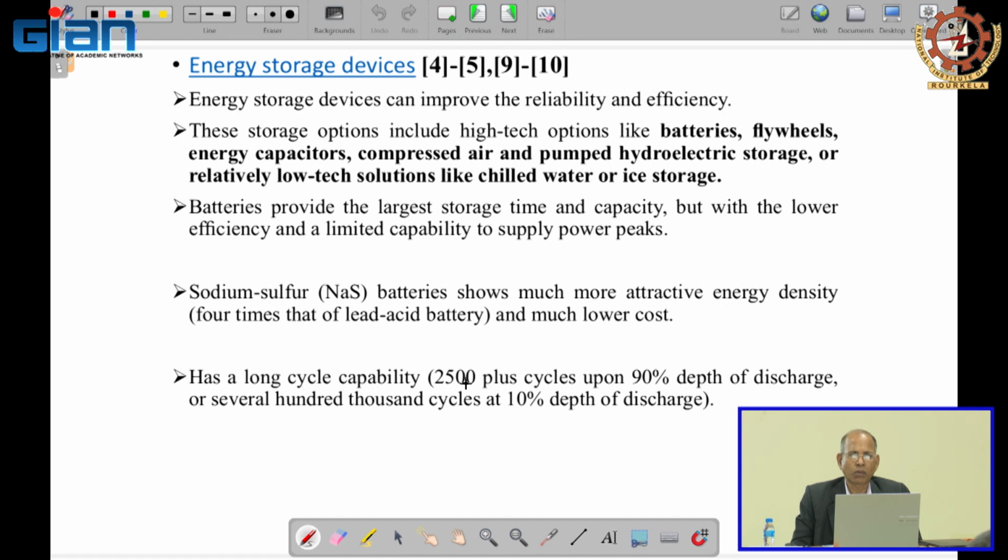So generally, when we are talking about a microgrid or distributed generation, the photovoltaic system is mostly there. Then we see what additional renewable sources could be available.